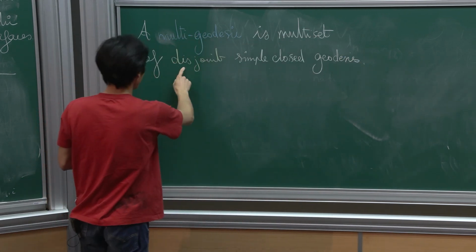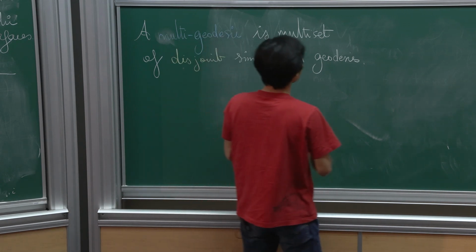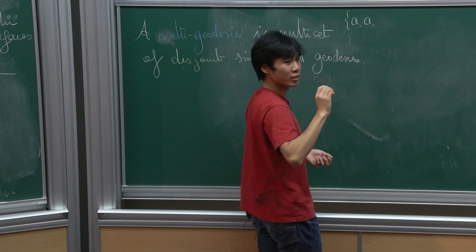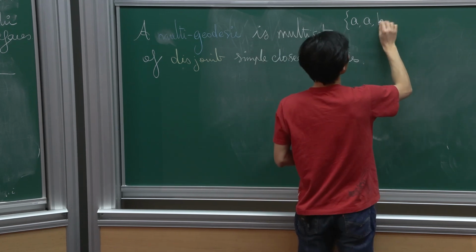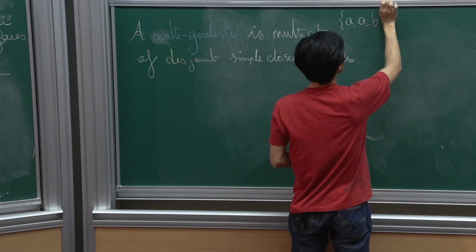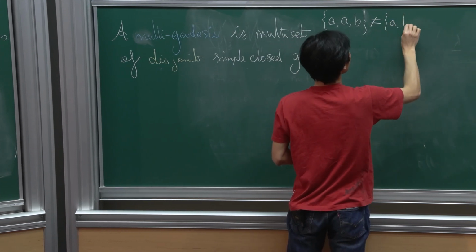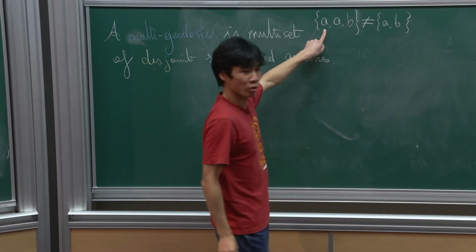So multiset means basically that you can have multiplicity for the elements. For example, this multiset is not equal to the set {A, B}, because this element has multiplicity 2.